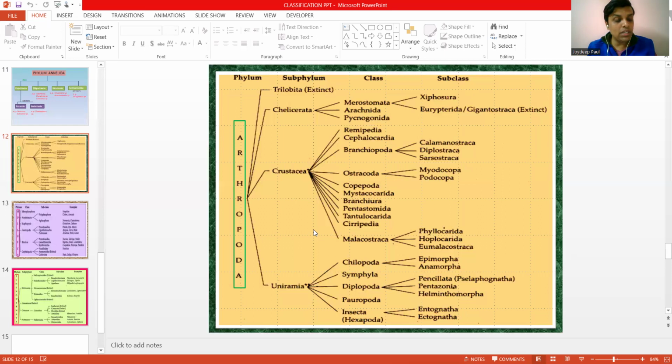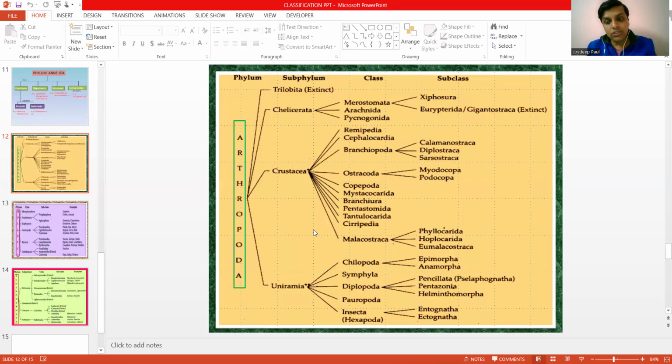Circulatory system open type with dorsal heart. Excretion by Malpighian tubules or green gland. Nervous system, dorsal brain with ventral nerve cord. Sexes are separate, sexual dimorphism is present. Fertilization internal, and development direct or indirect through different larval stages.